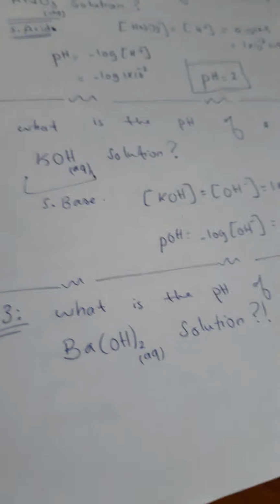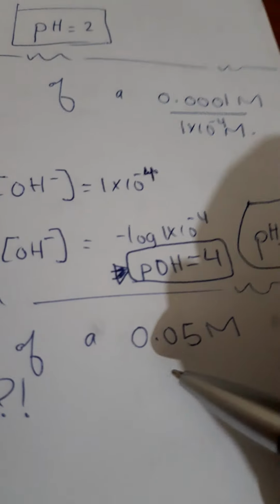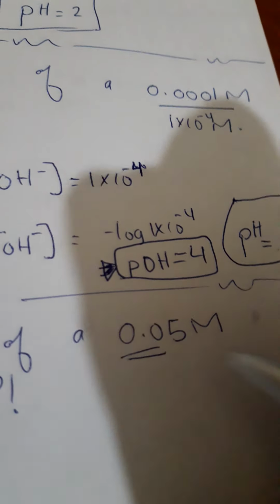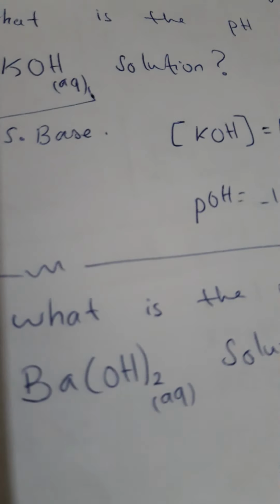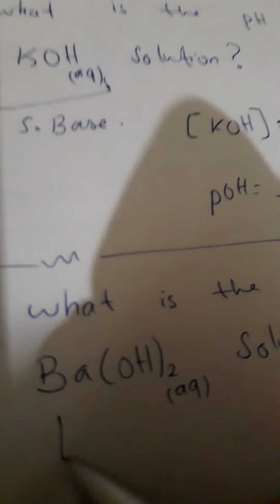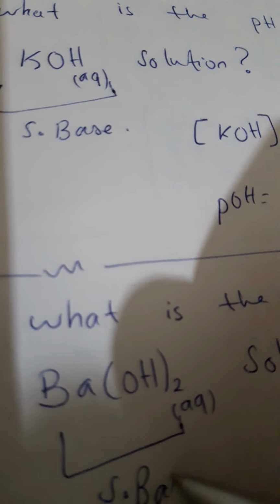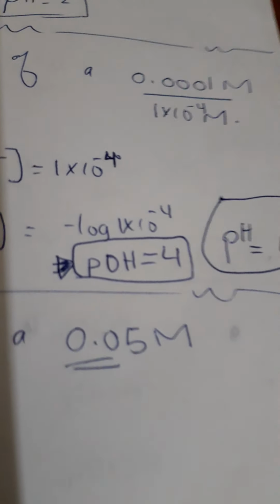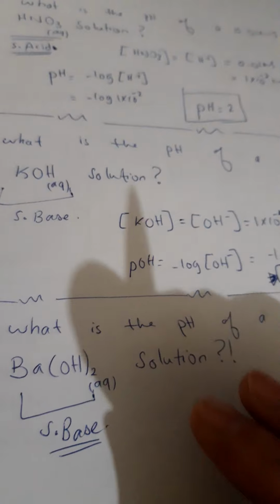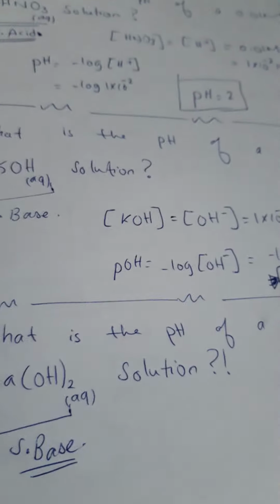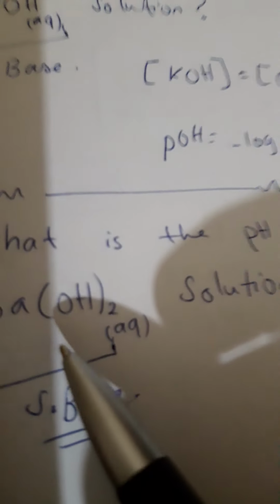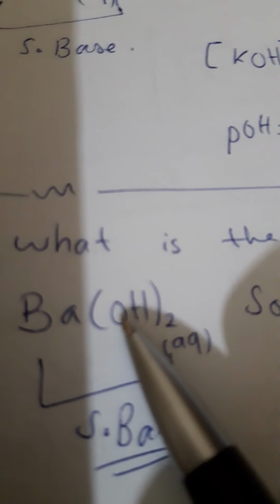One more question and one more idea. Be careful shabab. Here the same, we have a strong base solution. What is the pH of a 0.05 molarity barium hydroxide solution? This one again is a strong base. And the concentration is 0.05. Be careful shabab. The concentration of barium hydroxide is not the same as the concentration of hydroxide ions. It is very important to notice that we have in this formula two hydroxide ions.